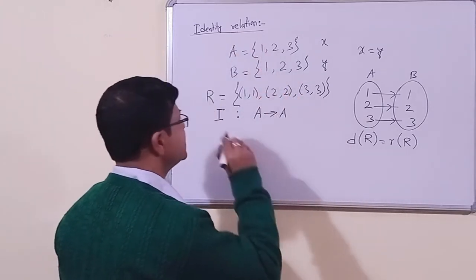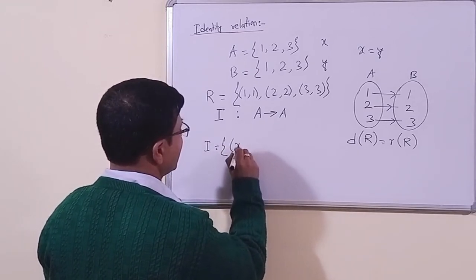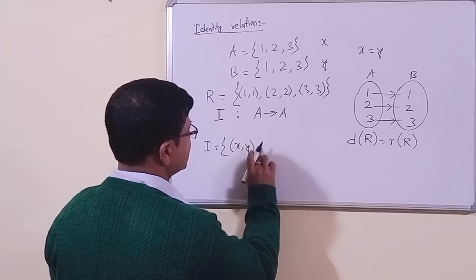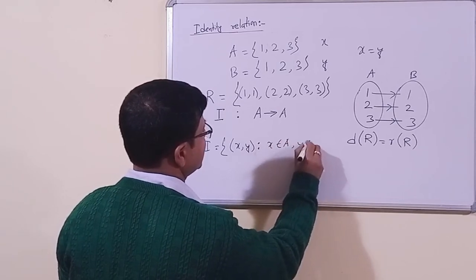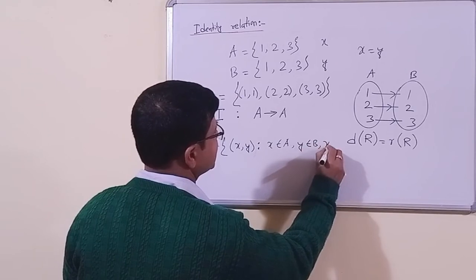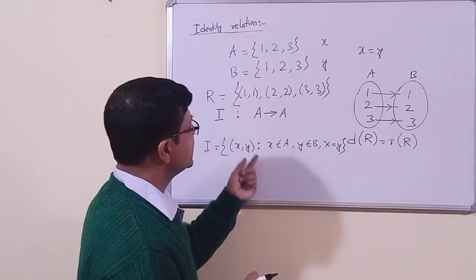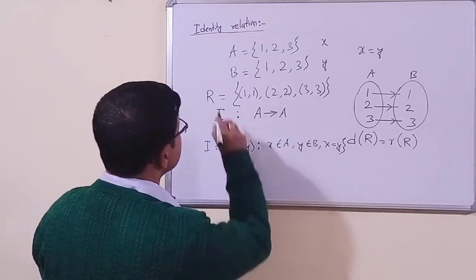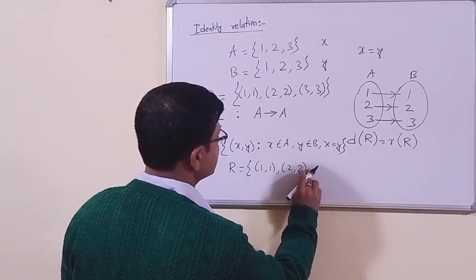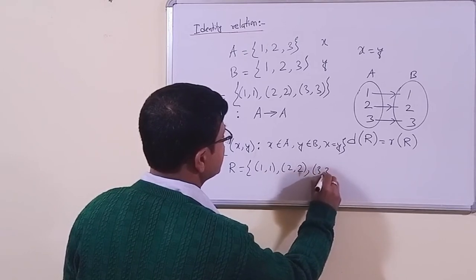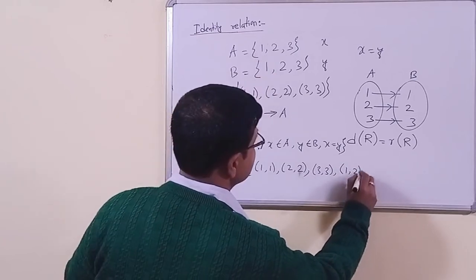In identity relation, always you should know that it is (x, y) such that x belongs to A, y belongs to B, and x is equal to y. This is the condition. That means first component and second component must be the same. Suppose in identity relation we cannot write like this: suppose we write 1 1, 2 2, 3 3, and then one more comes, 1 2, 1 and 2 linked, related.